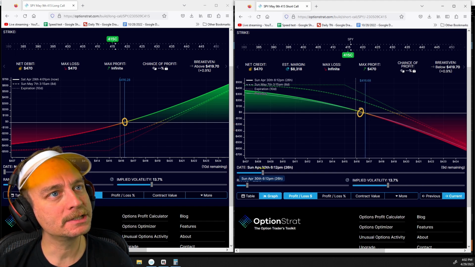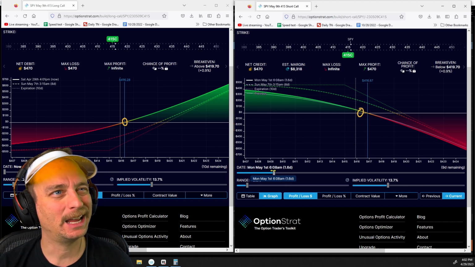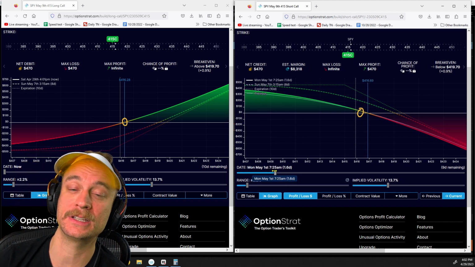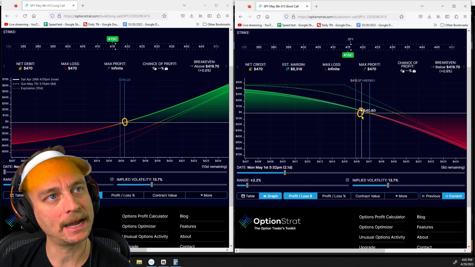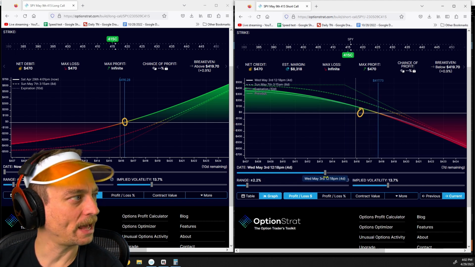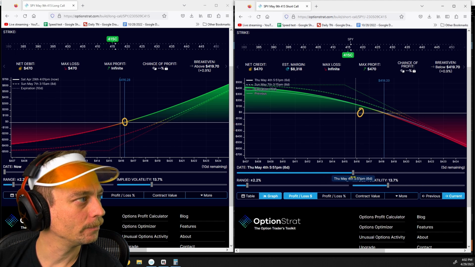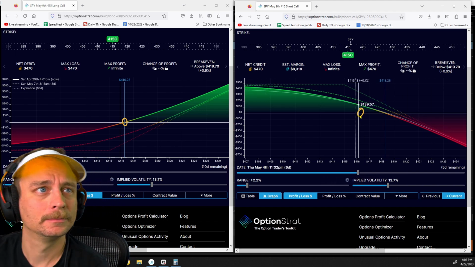Well, if the market's not moving, but as the passage of time goes by, notice how we're actually starting to make money. We're starting to make money where that little circle is. Look at that. If the market doesn't move, that's fine.